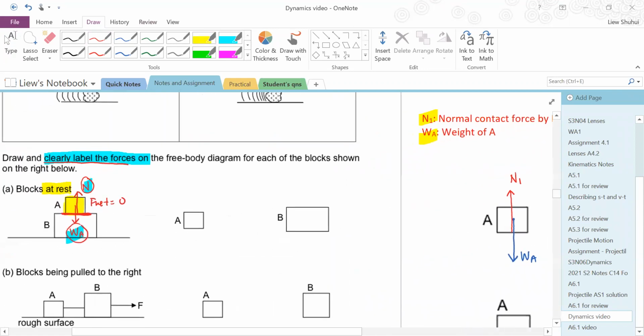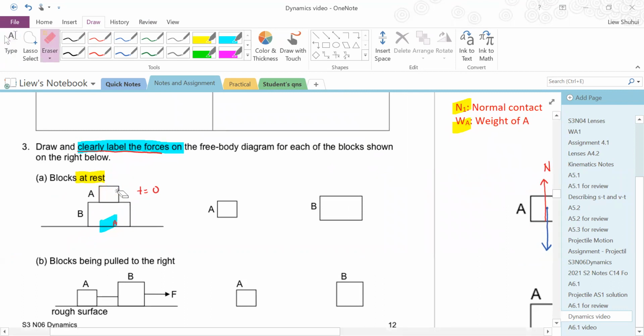Now you go to body B. Object B definitely will have its own weight. It points in the downward direction and originates from the center of gravity.